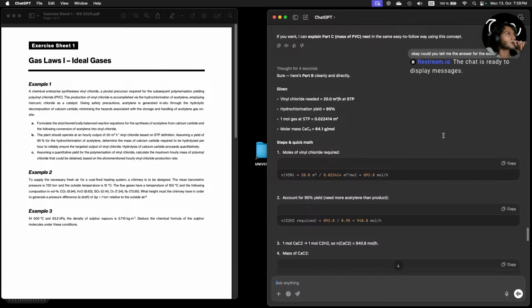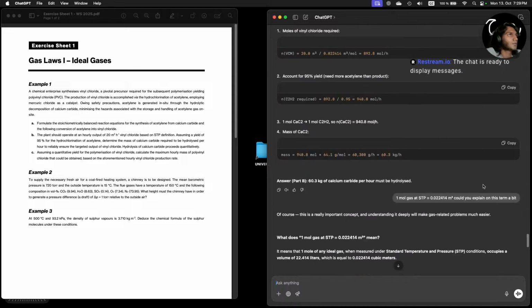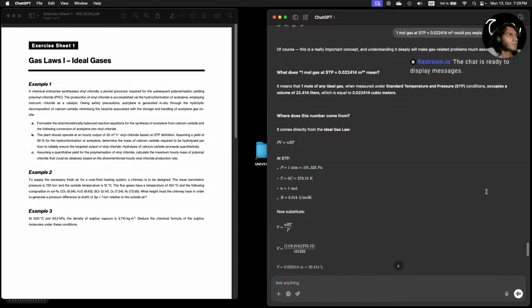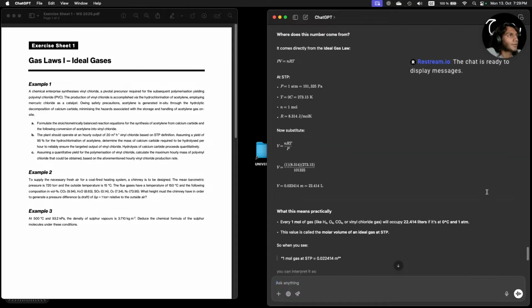One mole of gas at STP. Now that's from STP.